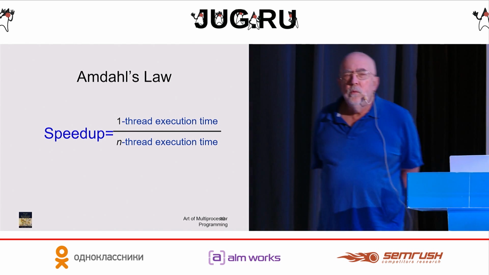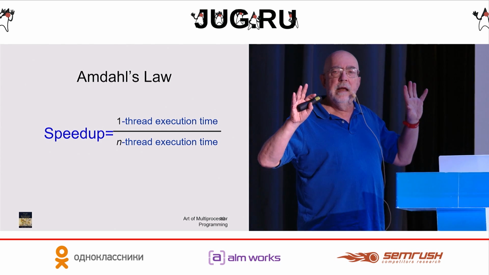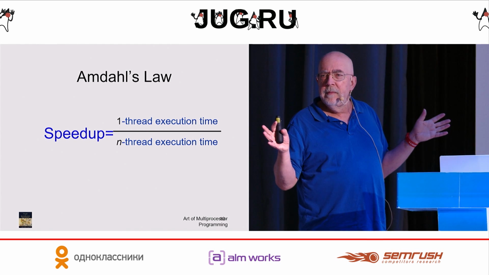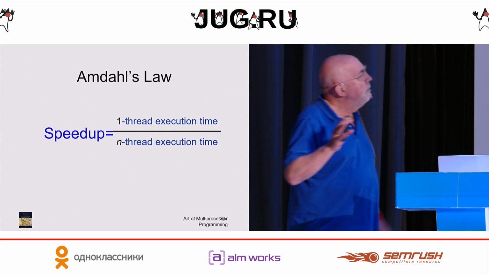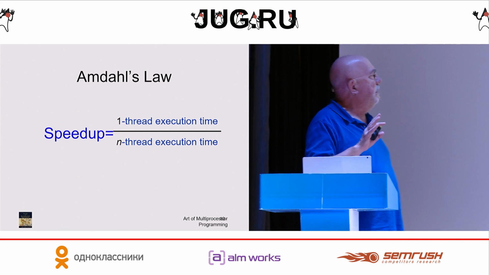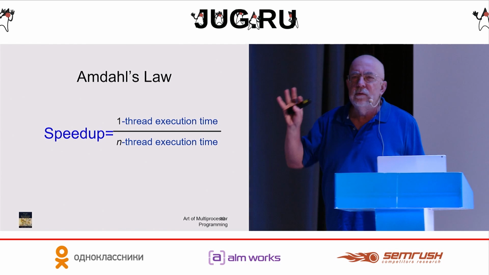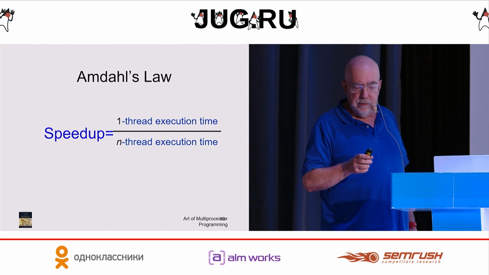Now, I want to warn you that people talk a lot about Amdahl's law, and it's always written as a mathematical formula. But it isn't really a mathematical formula, because actual execution times depend on much more complicated things. But this is a useful way to talk about things. So as long as you don't take this too seriously or too literally, then this is a useful way to think about parallelism.